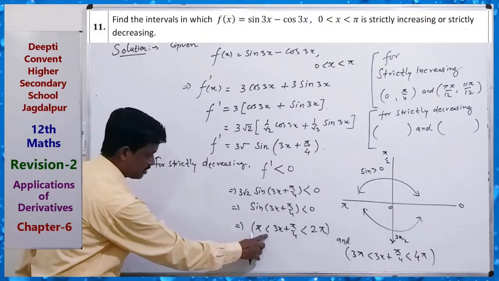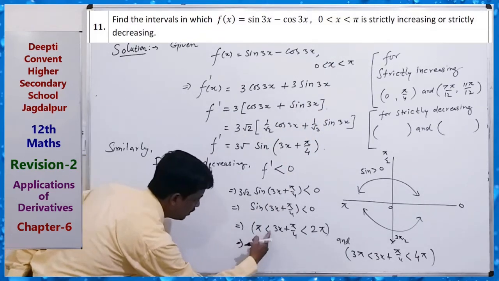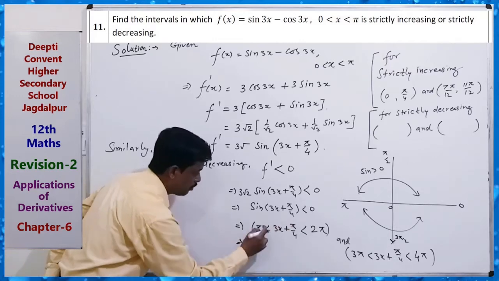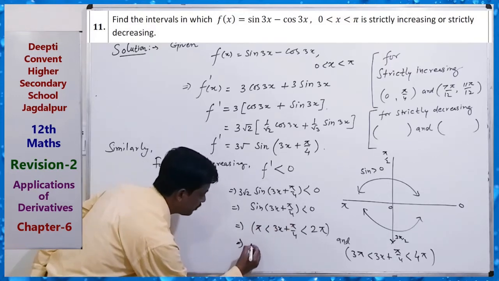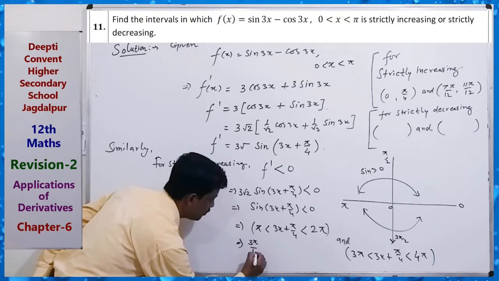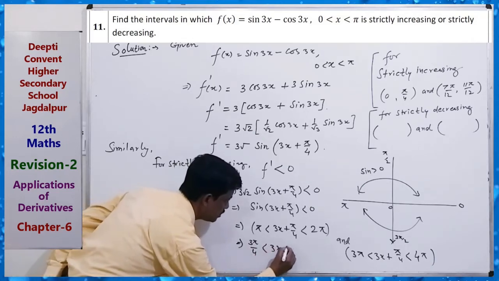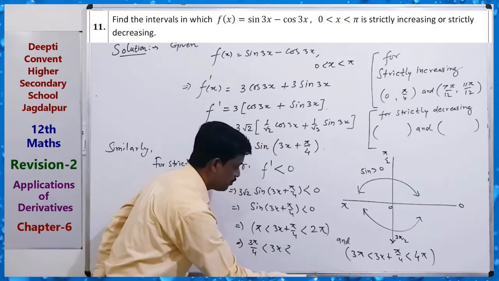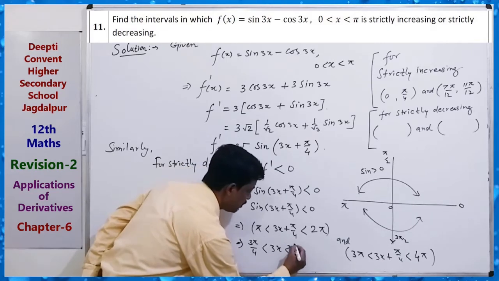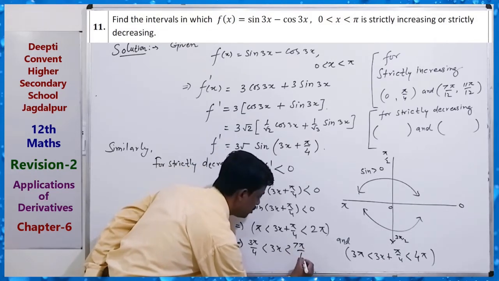Okay, so solving the first part here, subtract pi by 4. So pi minus pi by 4 means 3 pi by 4 is less than 3x is less than 2 pi minus pi by 4, which means 7 pi by 4.